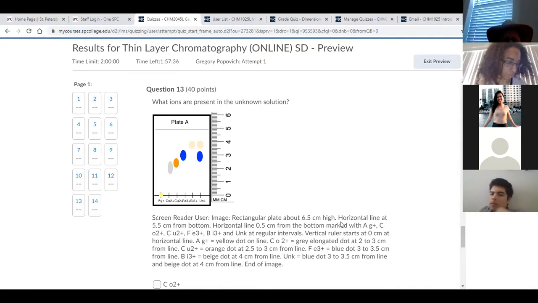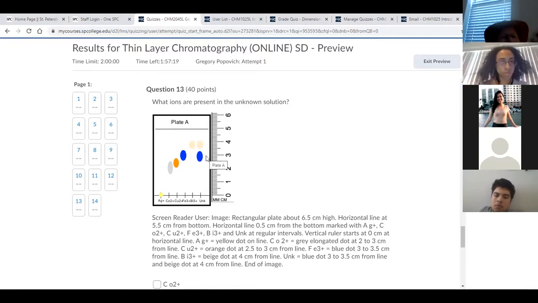So you have all 5 of your known materials, and you have your unknown. Based on the colors that appear and based upon the RFs, how far each one of these goes, you have to identify all the cations that your unknown has.